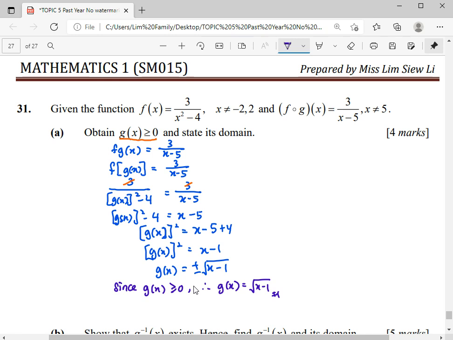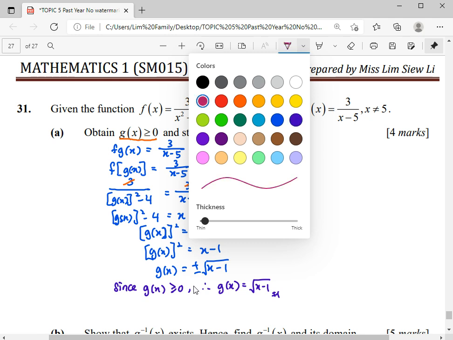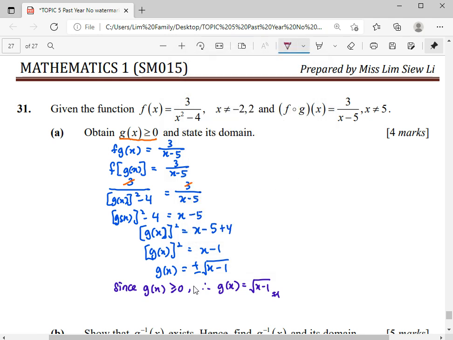So from here we get our g(x) and then state its domain. For the domain, we refer to our function g(x), which is a surd function. A surd function is a special case for the domain. How do we find it? We take what is under the surd: x minus 1 should be greater than or equal to 0, so x is greater than or equal to 1.